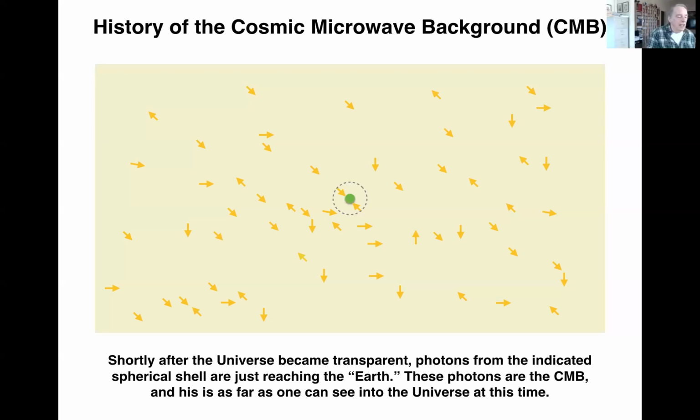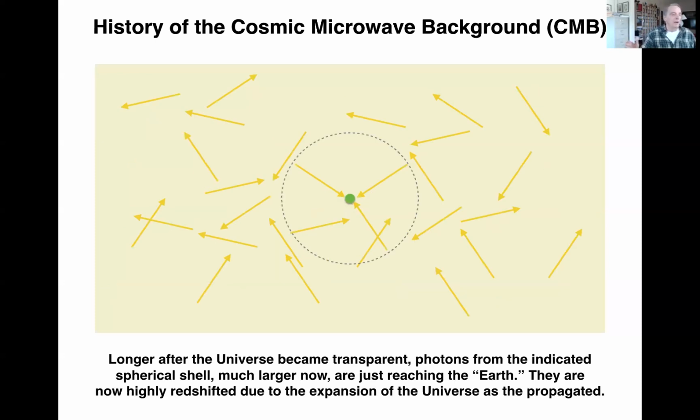Later on, let's say today, the photons would have had a chance to travel much farther, and we'd have this situation here. Again, you can put that green dot anywhere. It's arbitrary. But now what's hitting the Earth are photons that have emanated from this much larger circle or sphere, if you think of it in 3 dimensions. That's the CMB.